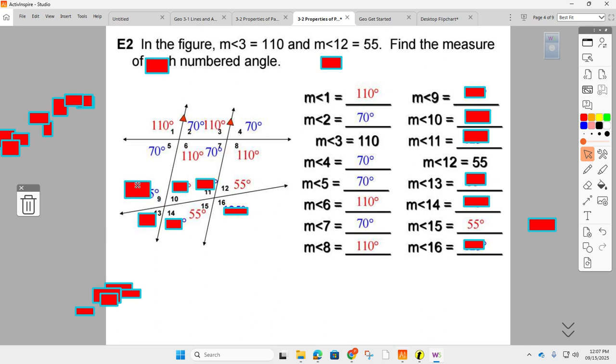Oh, 9. No, that's the same side, right? Alternate means opposite, right? Alternate exterior. These two exterior, these two exterior, but it's the opposite side of the transversal. So 13 would be the alternate exterior angle that goes to 12. We know that those are congruent.